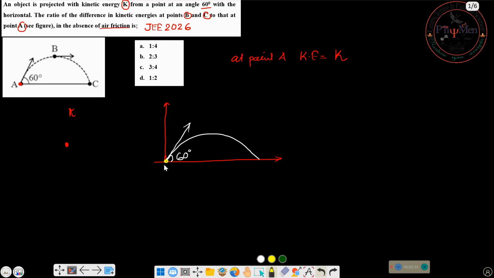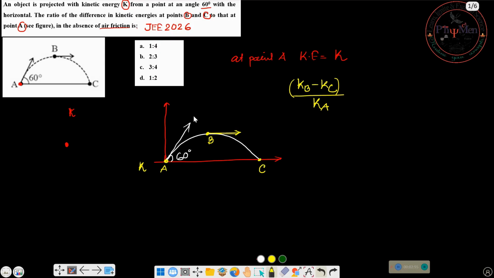So at this point A, the kinetic energy is K. There is a point B which is the highest point of the path, and there is a point C. So the difference of kinetic energies at B and C, KB minus KC, divided by KA, we need to find out.